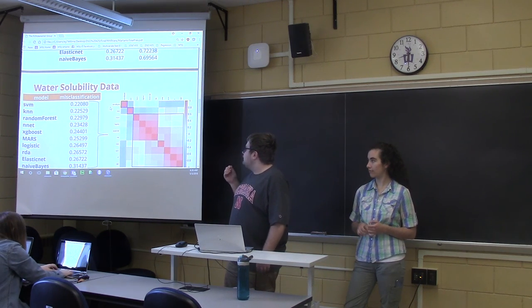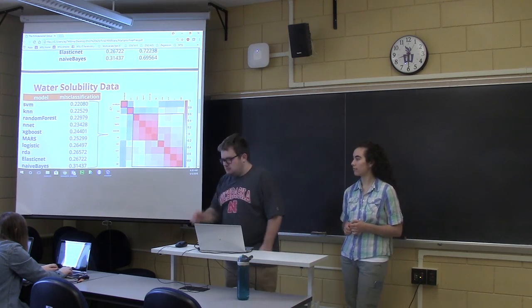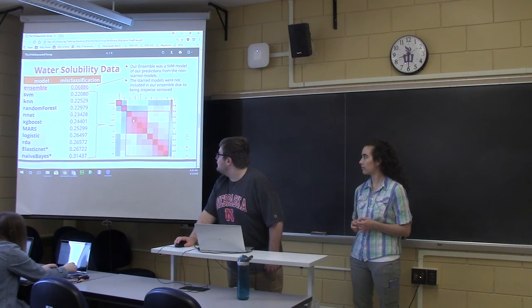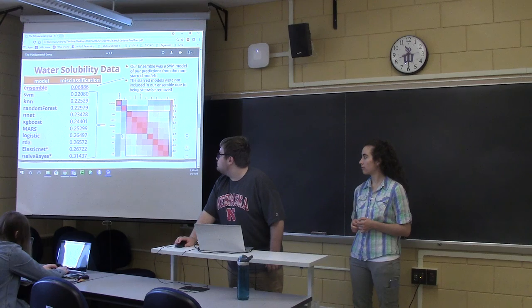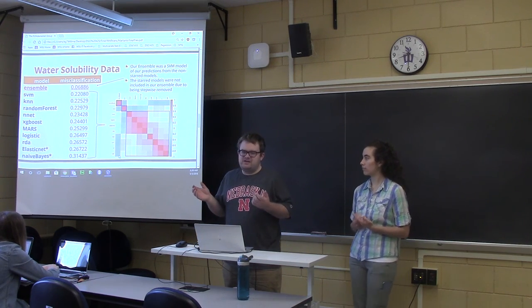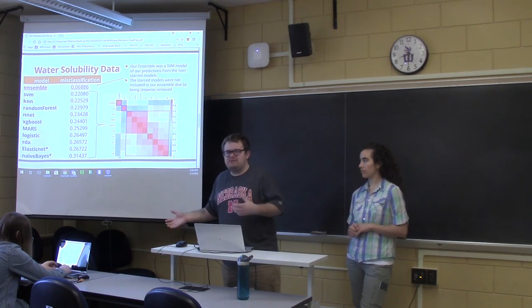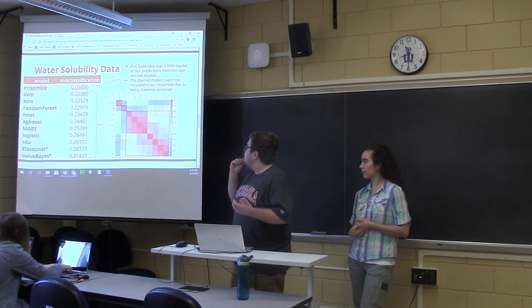So I decided, okay, let's eliminate some of these poor predictors and ensemble. So I eliminated ElasticNet and naive Bayes. I eliminated this row because it was such a poor predictor. I didn't want it influencing my results and saying this is actually an insoluble compound when it's like table salt, right? That's obviously soluble.